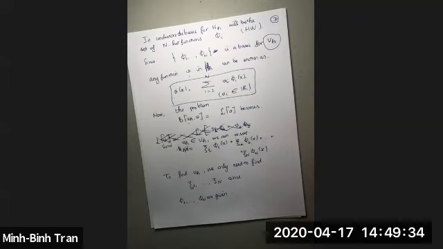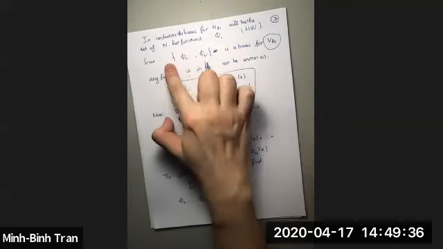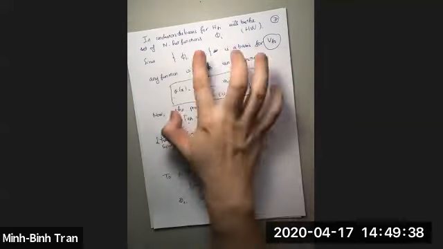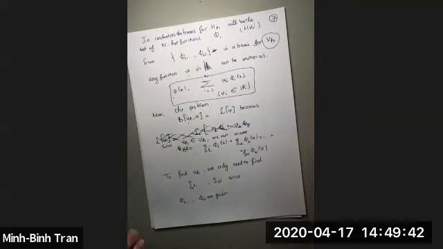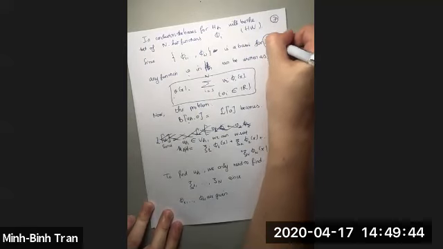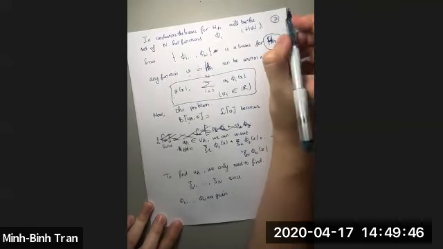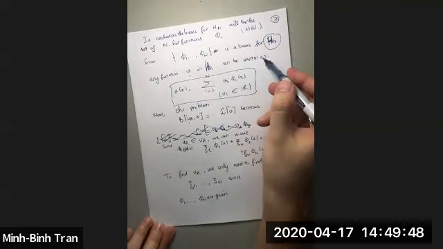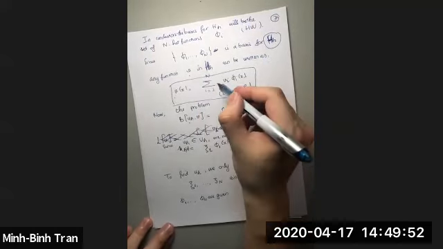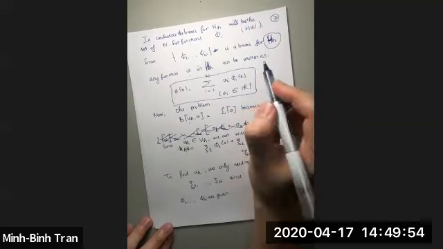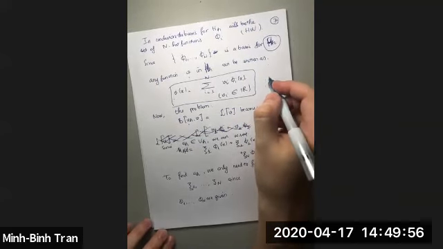As we explained before, this is a basis for HS, then any function v in HS can be written in the form v(x) equals the sum of v1 phi1 plus v2 phi2 plus vn phi n, right?